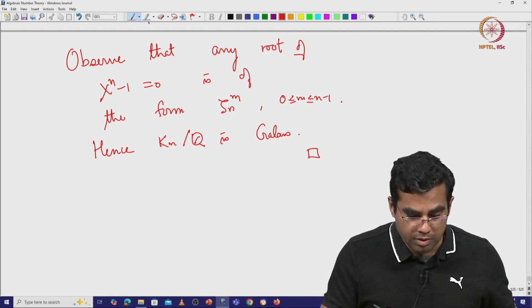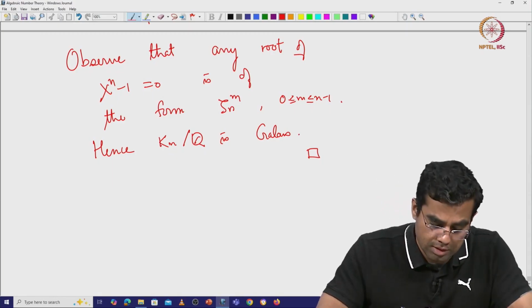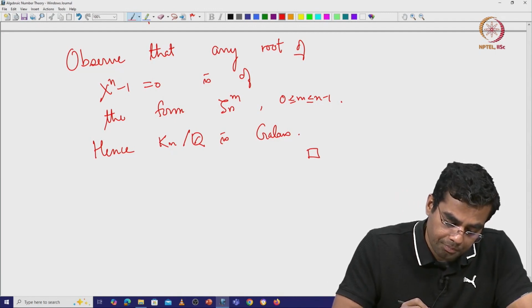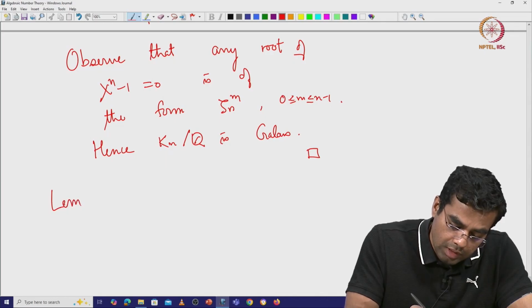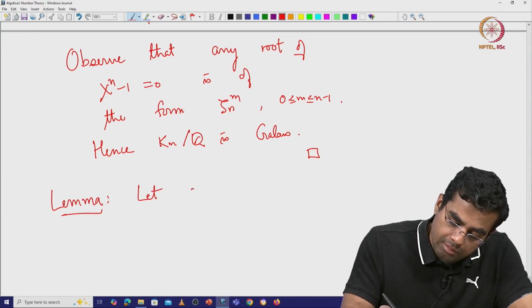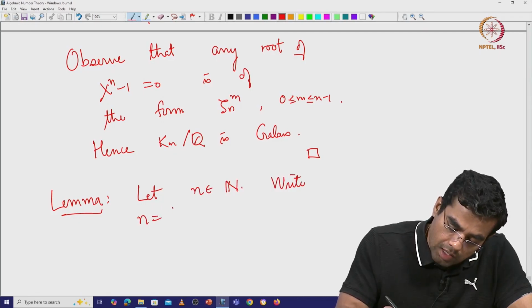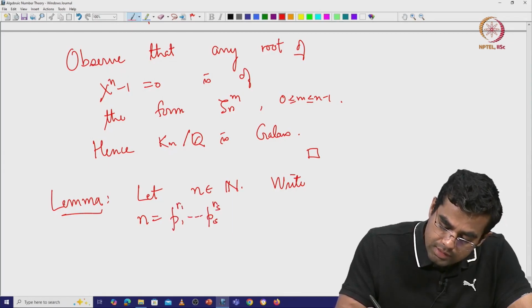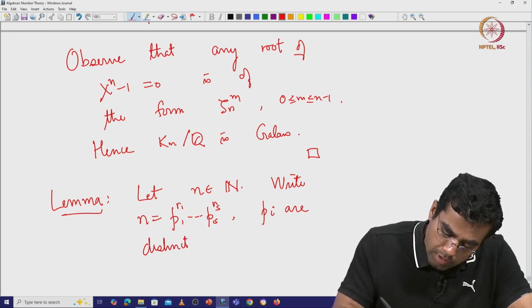There are different ways of doing this, but I am going to combine all this into one theorem. But before doing that, let me state a lemma. Let n be a positive integer, and write n as p1 to the r1 up to ps to the rs, where the p i's are distinct prime numbers.